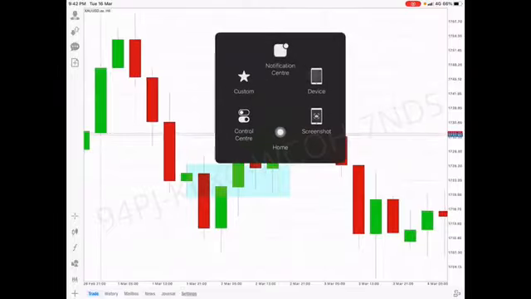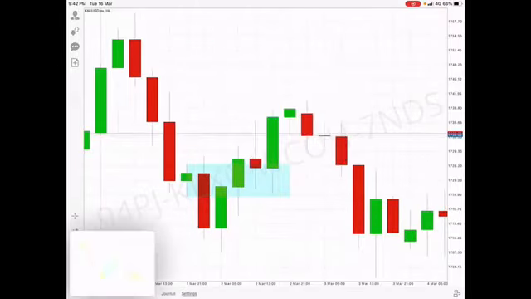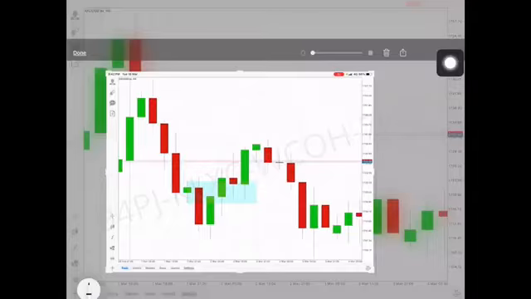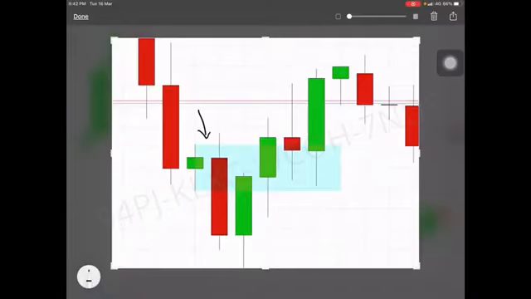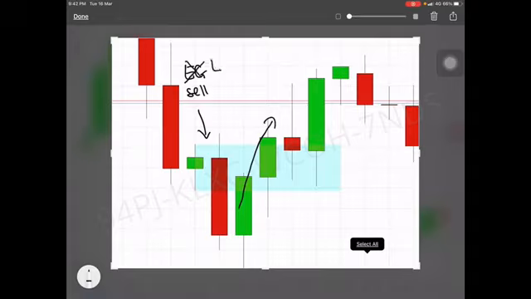So look at this one. What is this? Is this engulfing sell or engulfing buy? This one is engulfing sell, but then it broke upwards, right? So it has become engulfing fail. All right.